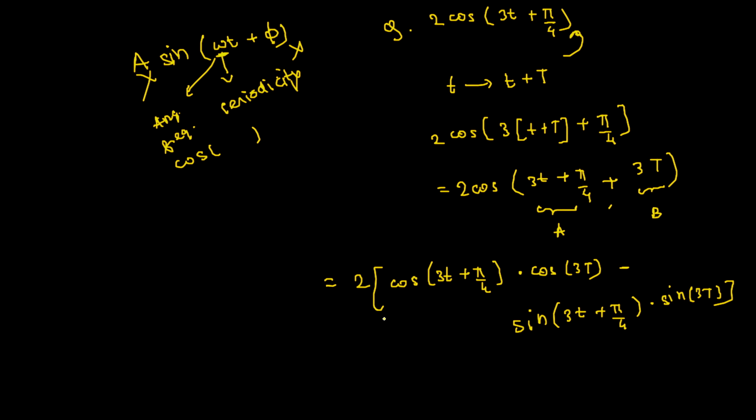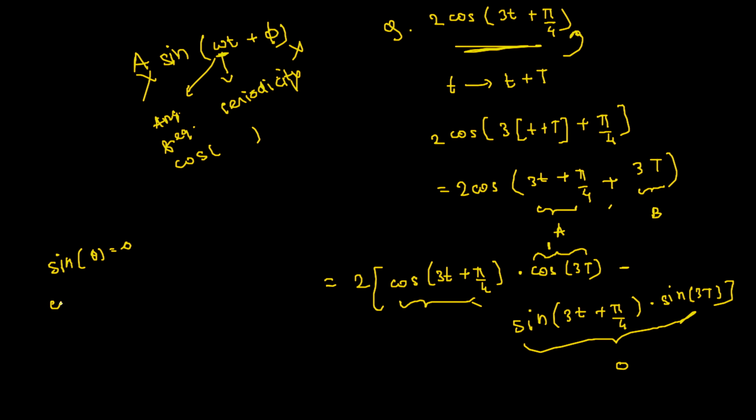Okay, so now this expression that I just got should be equal to the original expression, right? So this is the original expression that we have. So for that to happen, the part that I'm multiplying it with should come out to be 1, and the part I'm adding or subtracting should come out to be 0. So here, what I need is sine of something to be 0 and cos of the same value to be 1.